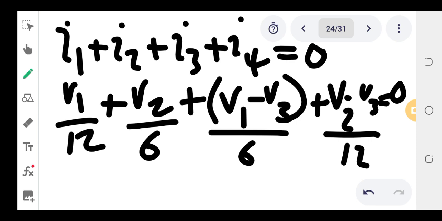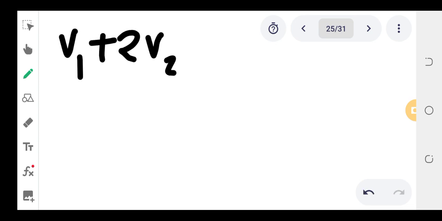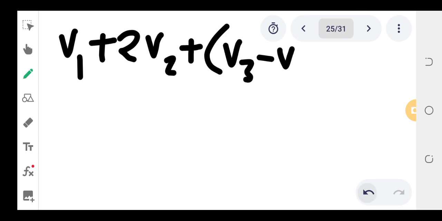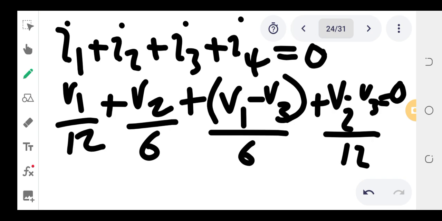So what can we do? Here we need to come up with a common denominator. We can multiply the whole of this throughout by 12, since 12 is the common denominator. So multiplying by 12, we have V1 plus 2V2 plus V3 minus V. We need a 2 in front again, because 12 divides 6.